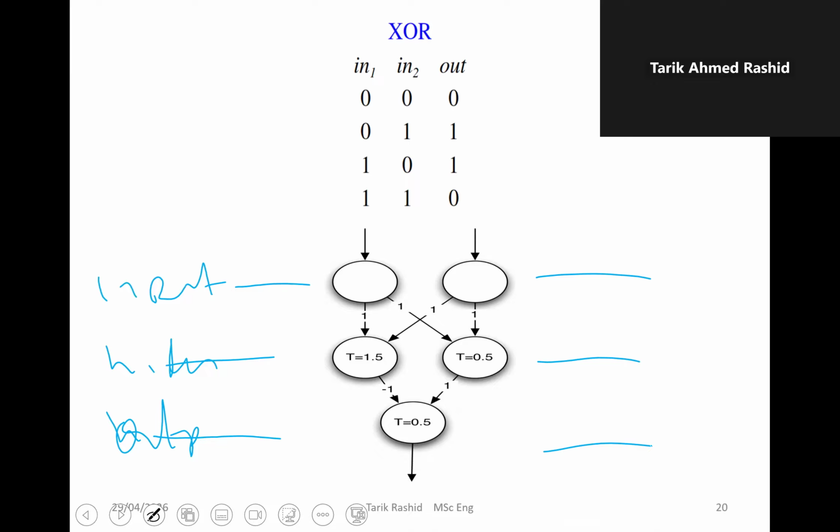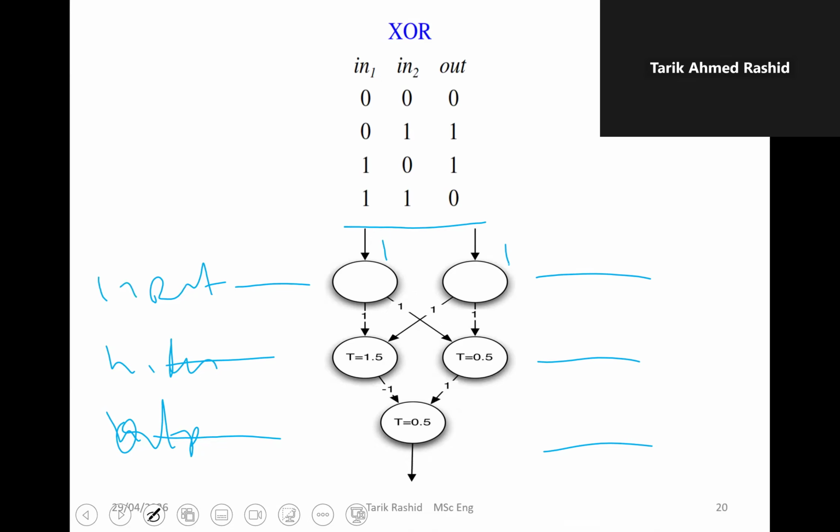Now let's try to test this network. These are the selected weights: 1, 1, 1, 1, 1, 1, 1, 1, minus 1. Let's feed in the first input. The first input is 1, 1. So 1 here, 1 here.